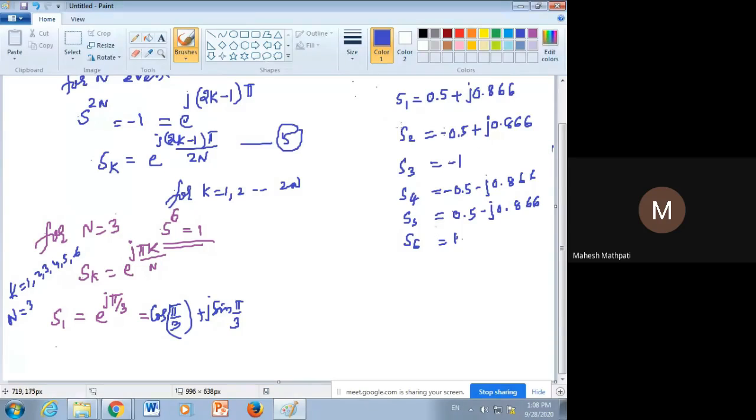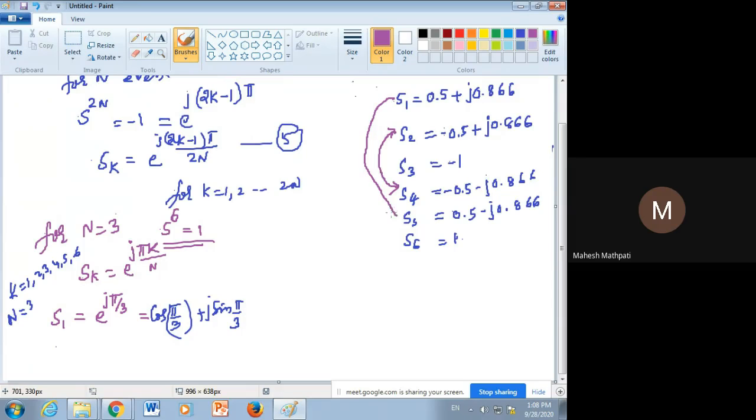So if you look at this part, S2 and S4, how are they looking? Complex conjugate of one another.